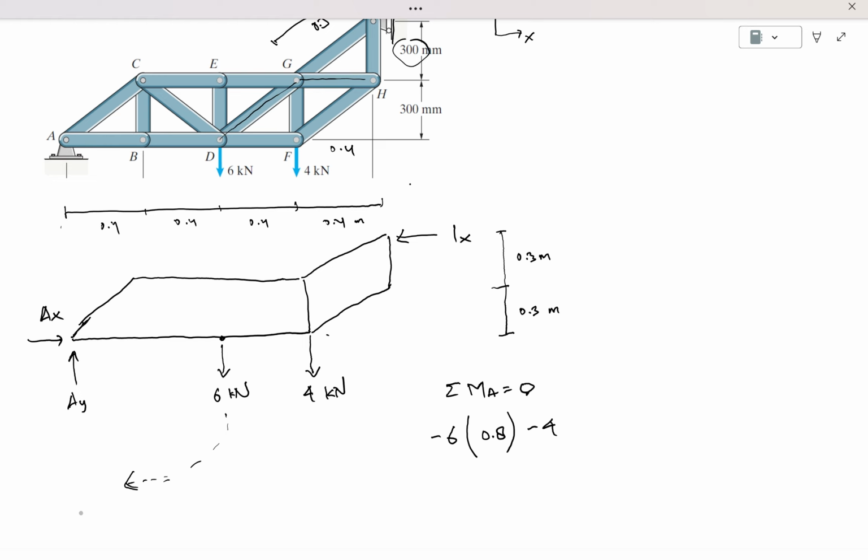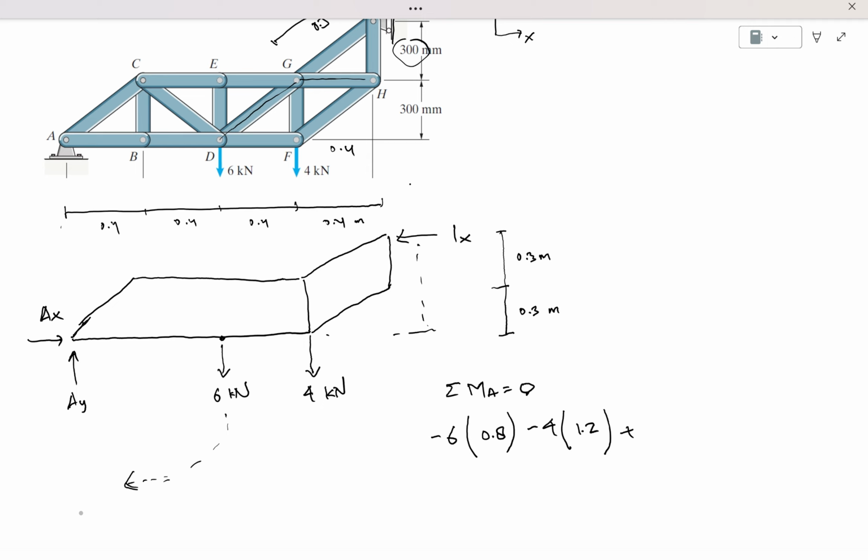Because 4 will also generate a clockwise rotation, times 1.2, because 0.4 plus 0.4 plus 0.4. And then this Ix, with the direction that we wrote down, because it's the assumption, will have a counterclockwise rotation with the length of 0.6, because the distance from this to this is 0.6.